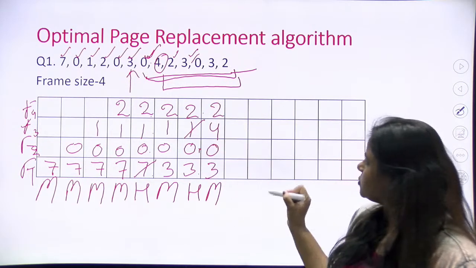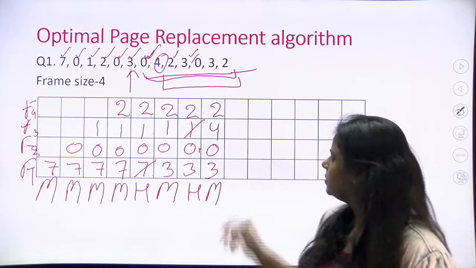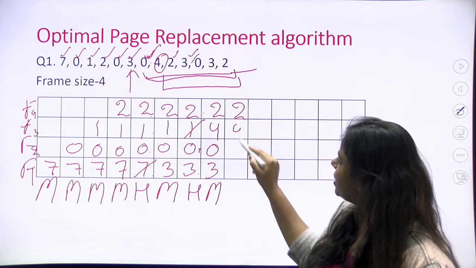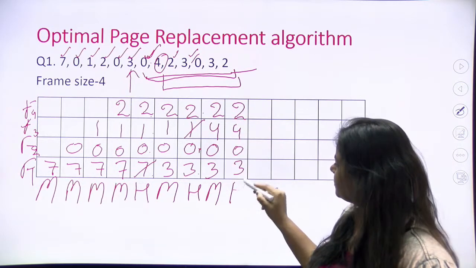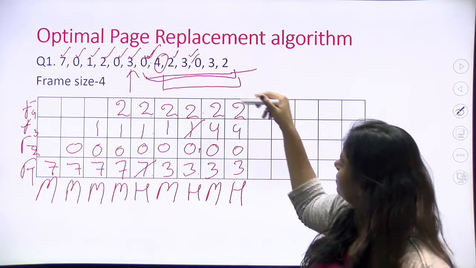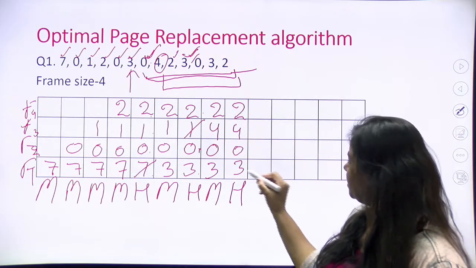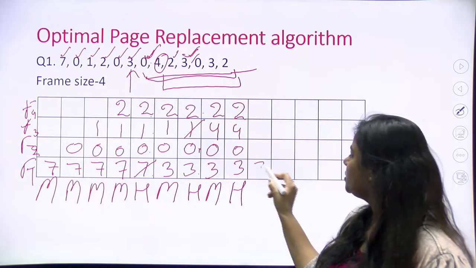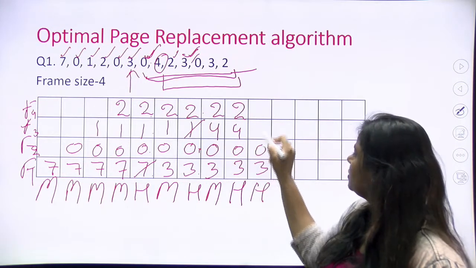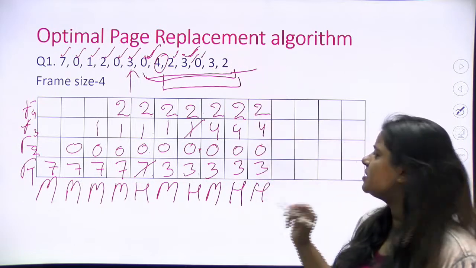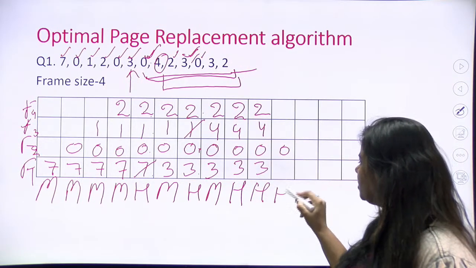Again I have 2, which is already present inside the main memory, so I will write 2 over here, and it is a page hit. Now I am having 3, which is already present inside the main memory, so again it is a page hit. Now I am having 0, already present, again a hit.